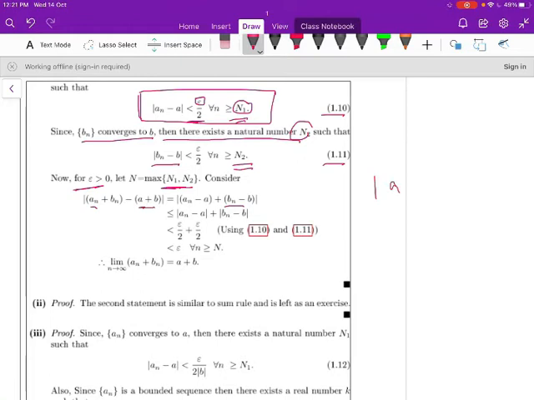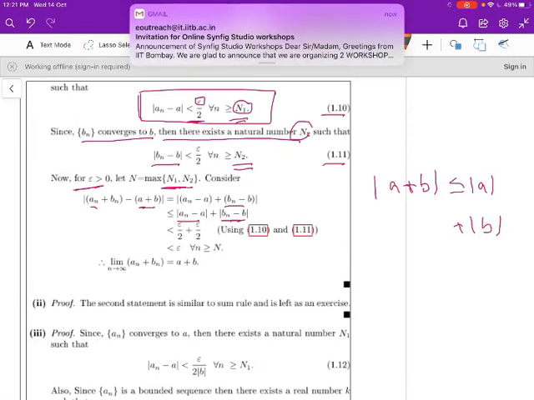By the property that modulus of a plus b is less than or equal to modulus of a plus modulus of b, this is less than or equal to modulus of an minus a plus modulus of bn minus b.